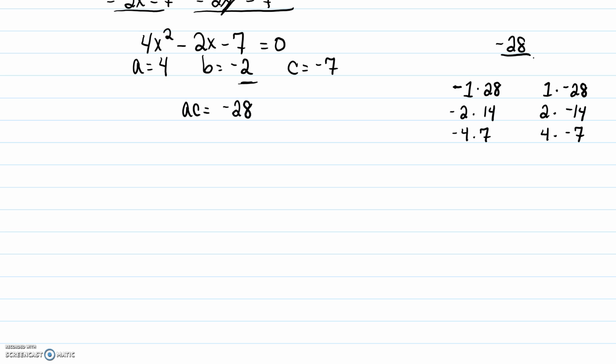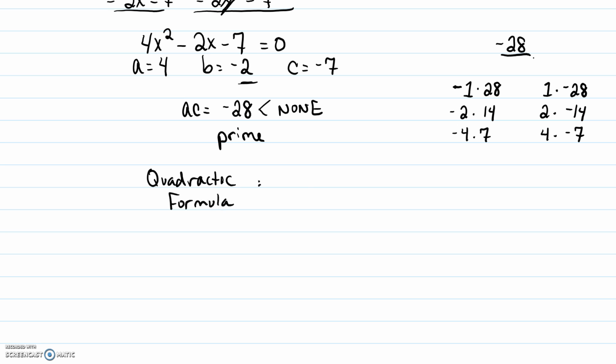Now from those factors, I need to find the set who, if I add or subtract, will give me a negative 2, and unfortunately none of those will do that. So if that is the case, this quadratic equation is not factorable, it's prime. Therefore we cannot factor to solve, we absolutely have to use the quadratic formula to solve this one.